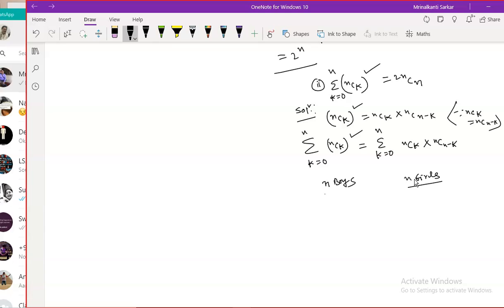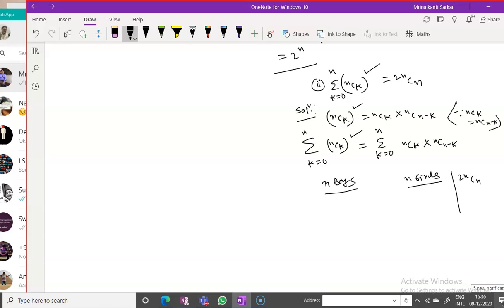I told you to think in two different manners. We are selecting n out of n boys and n girls, so the total number is 2n. From there n is selected, which can be done in 2nCn ways.